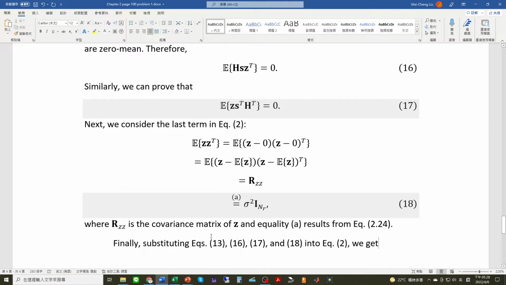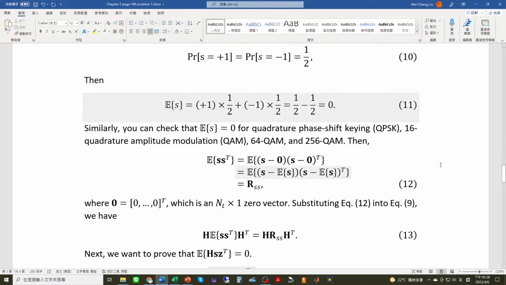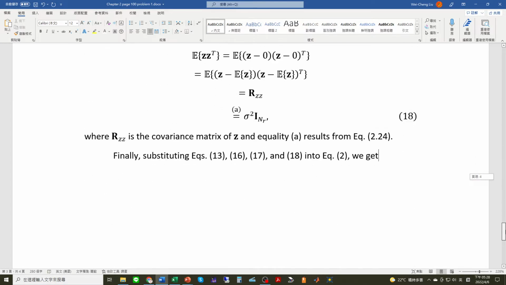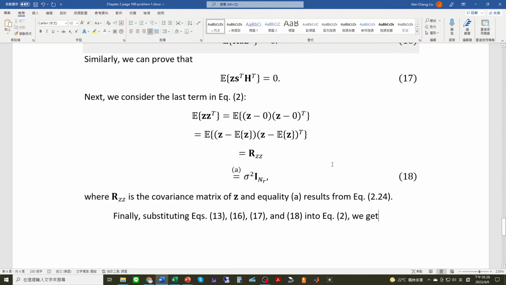Okay, let us go see equation 13. Equation 13: H times the expectation of S times S transpose times H transpose is equal to H times R_SS times H transpose. And equation 16: the expectation of H times S times Z transpose is equal to 0.